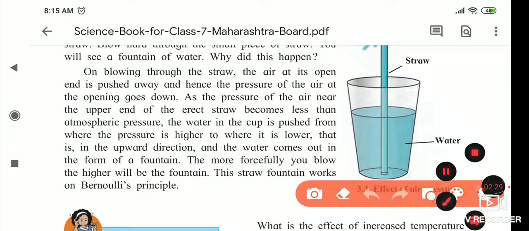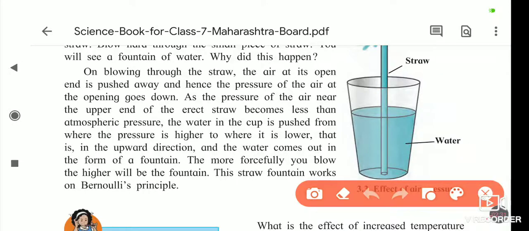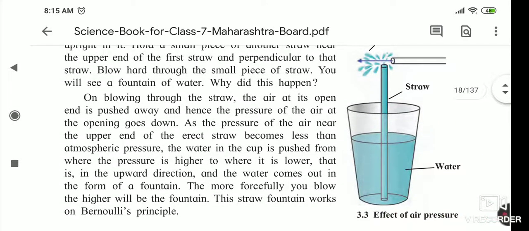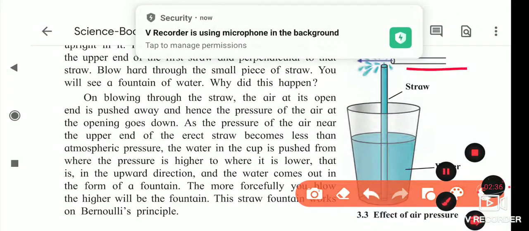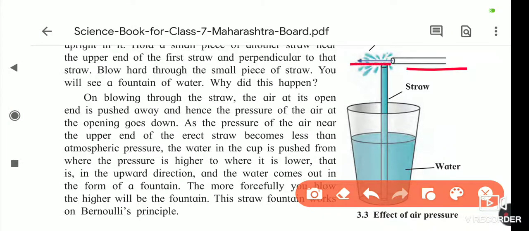On blowing through the straw, when we are blowing through this straw, what happens? The air at its open end is pushed away from this side. Air is pushed away, and hence the pressure of the air at the opening goes down.